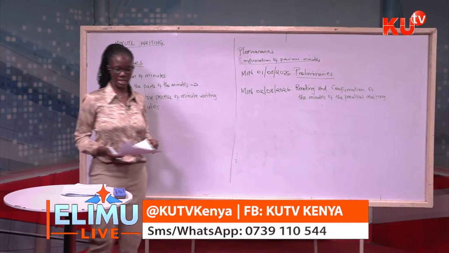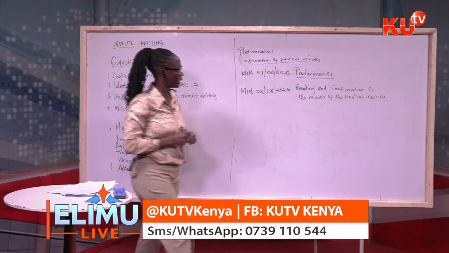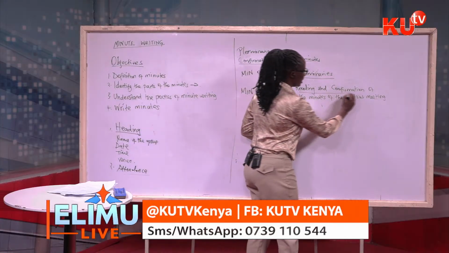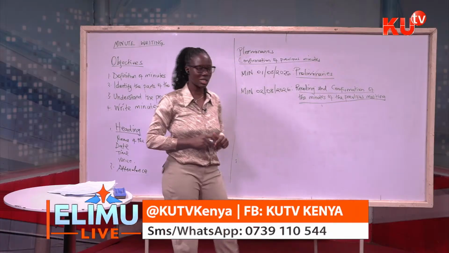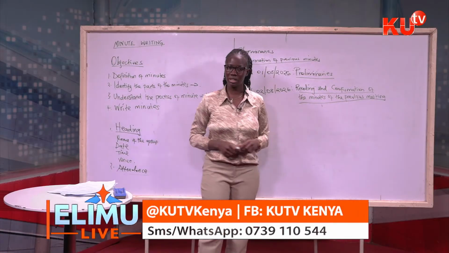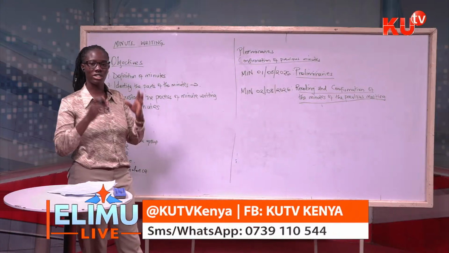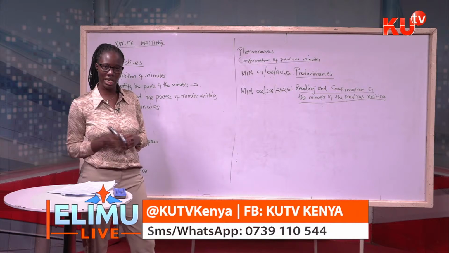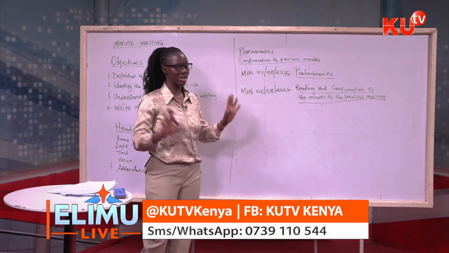So in most cases, a lot of students mess up when it comes to this title here. You'll find that some students will write reading and confirmation of the meeting. Whatever we are reading here are not meeting but minutes. So you can write confirmation of previous minutes.